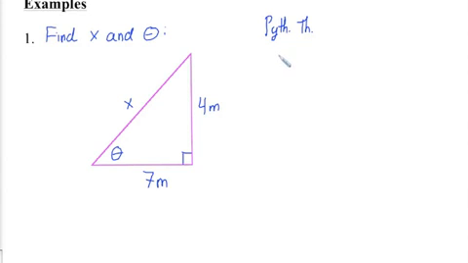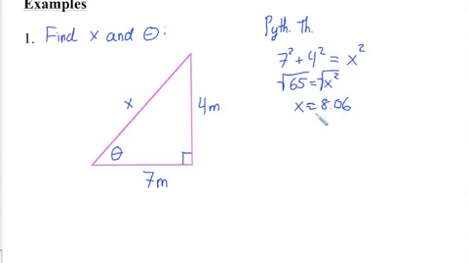So remember that we have 7 squared plus 4 squared, these are the two sides of the triangle, equals the hypotenuse squared. Well, 7 squared is 49 and 4 squared is 16, so I have 65 equals x squared. Don't forget to take the square root to find x. So x is approximately 8.06. And don't forget the units of meters.